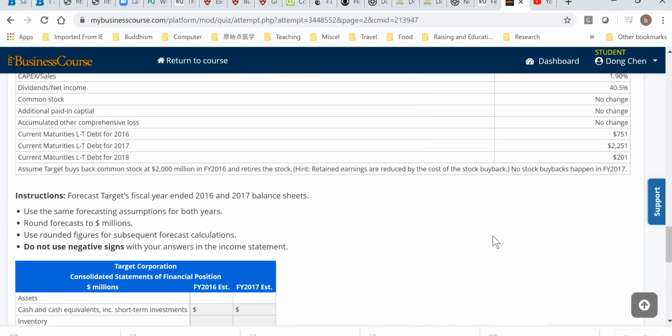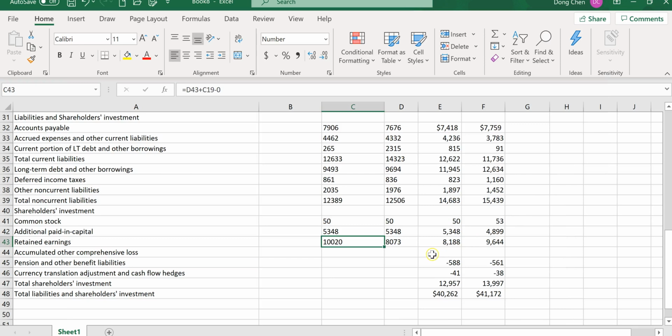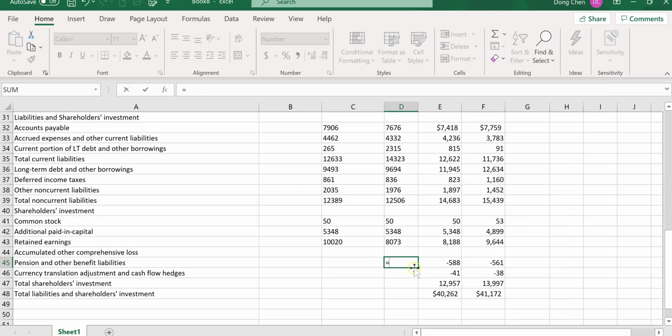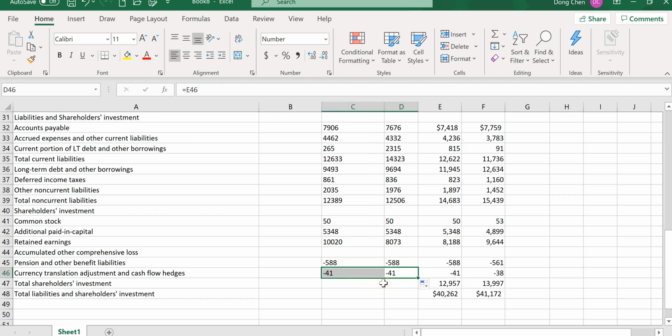That's an assumption here. No change. Yes, that's an assumption. Common stock, additional paid-in capital, that's also no change. So this is gonna be the same as this one, and same as this one, and this is that and that.